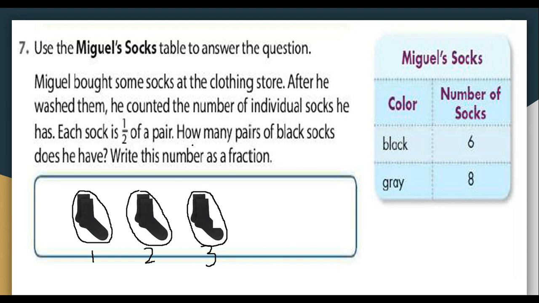But now they say we have to write the number as a fraction, meaning the number of socks he has as a fraction. So remember, we said that every sock was equal to a half, 1/2. So this is 1/2. This sock is 1/2.